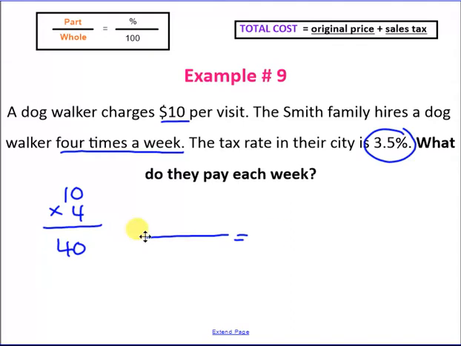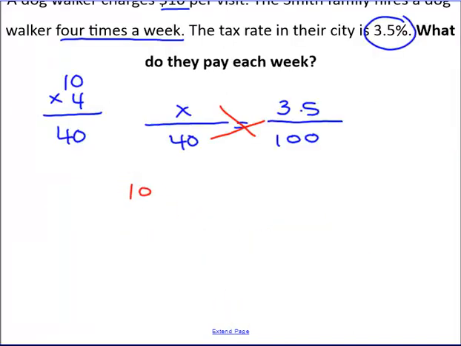Now I'm going to make my blank proportion. 3.5% over 100. 40 is the cost for the week, and I need to figure out the tax. I'm going to cross multiply. 100 times x is 100x. 40 times 3.5 is going to be 140. Box the variable.